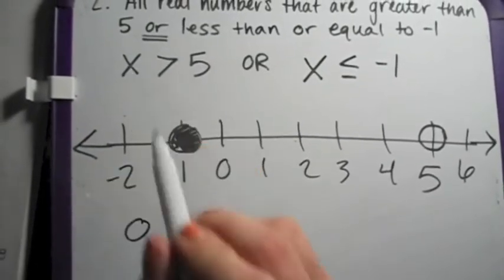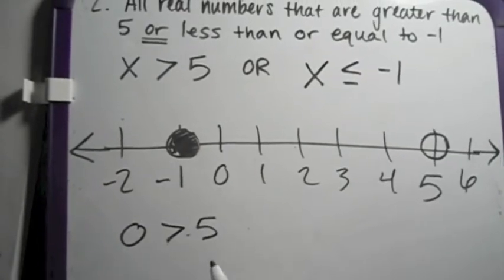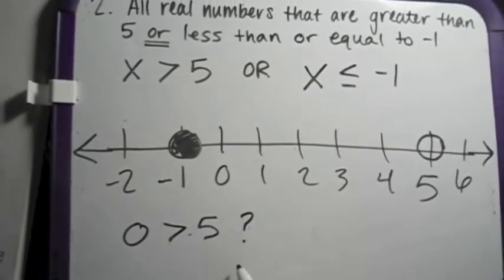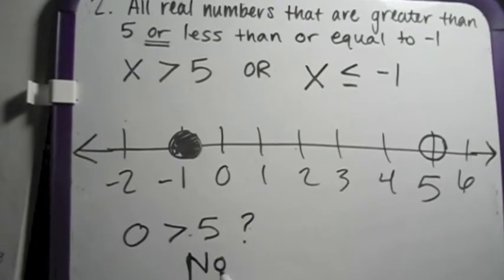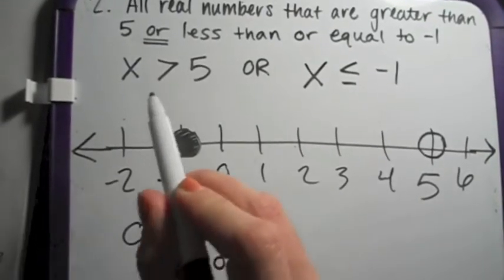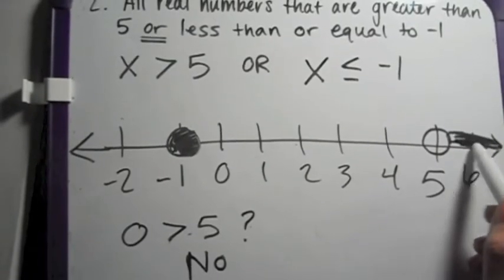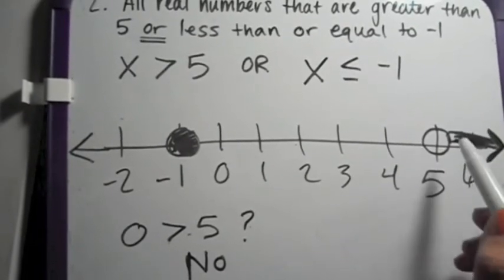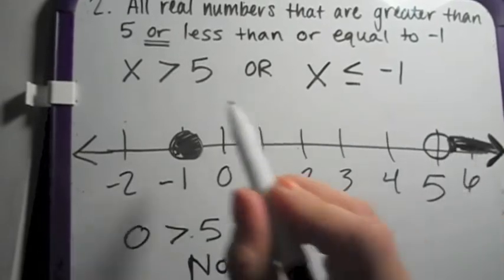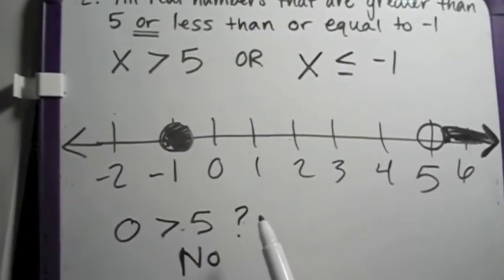I've plugged in 0 for x. Is 0 greater than 5? No. So I do not bold this side. I bold this side. Okay, we've finished half of this graphing.